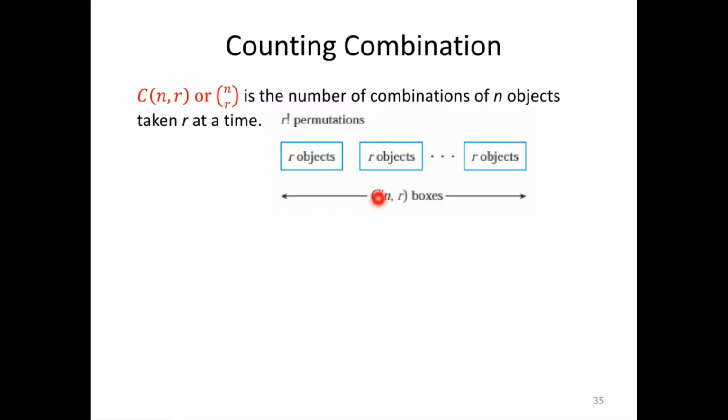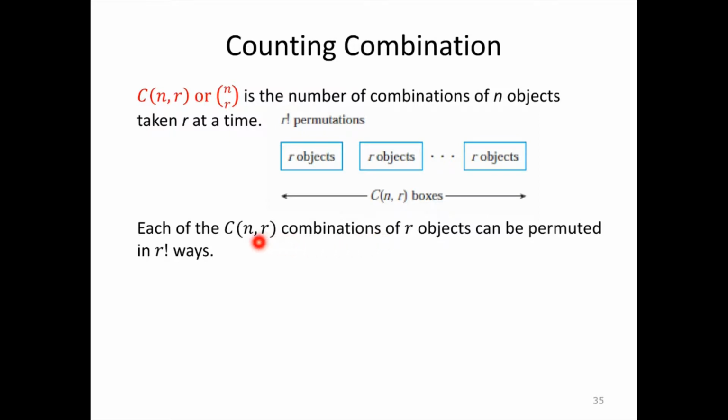And then if we take our objects and change the order, we get another R objects, and so on. We change all the objects. But actually for combination, all of these are just the same. The order is not important. So here we have C(n,R) boxes of these R objects.